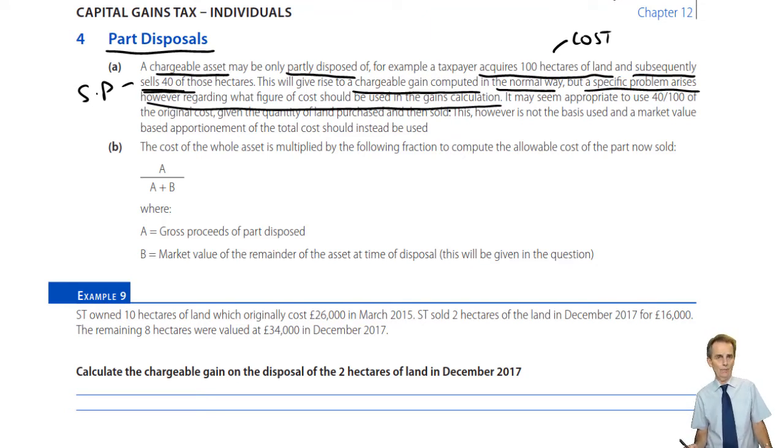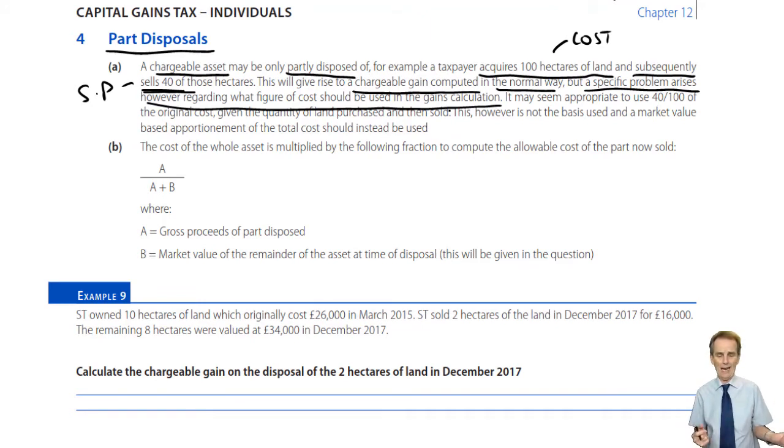Now again, you might think, well, that's fairly easy. If we know the cost of 100 and we're now selling 40, just take 40/100ths of that cost, and that'll be the cost of the bit that we're now disposing of. It might sound like a sensible idea, but as you might therefore guess where this is going, it's not the rule that we use. We don't use here a quantitative basis in terms of physical quantities.